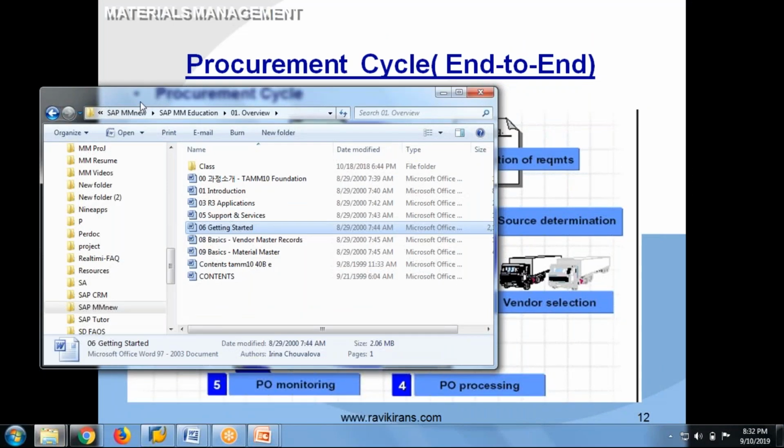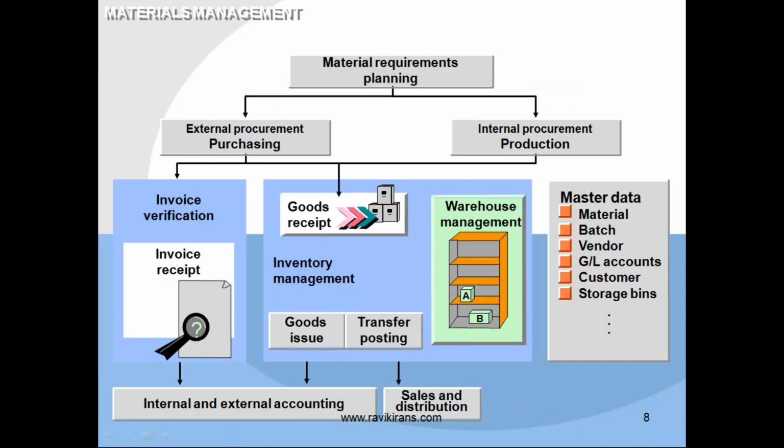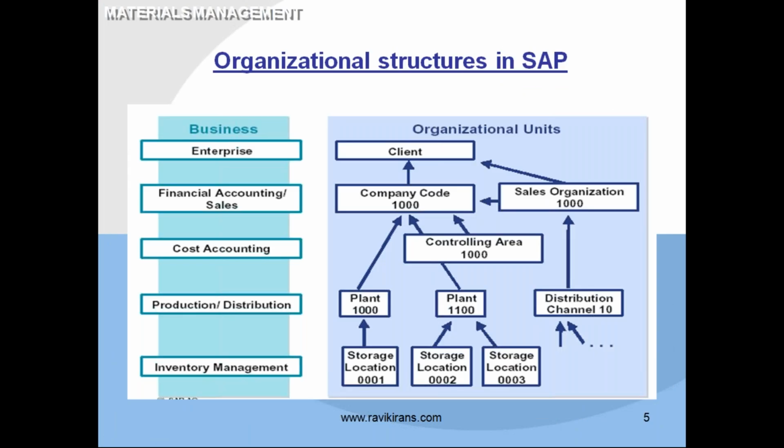Okay. So as a functional consultant, when you are trying to use SAP, the first and foremost thing we need to understand is that we have to build an organization structure. So just note down this.